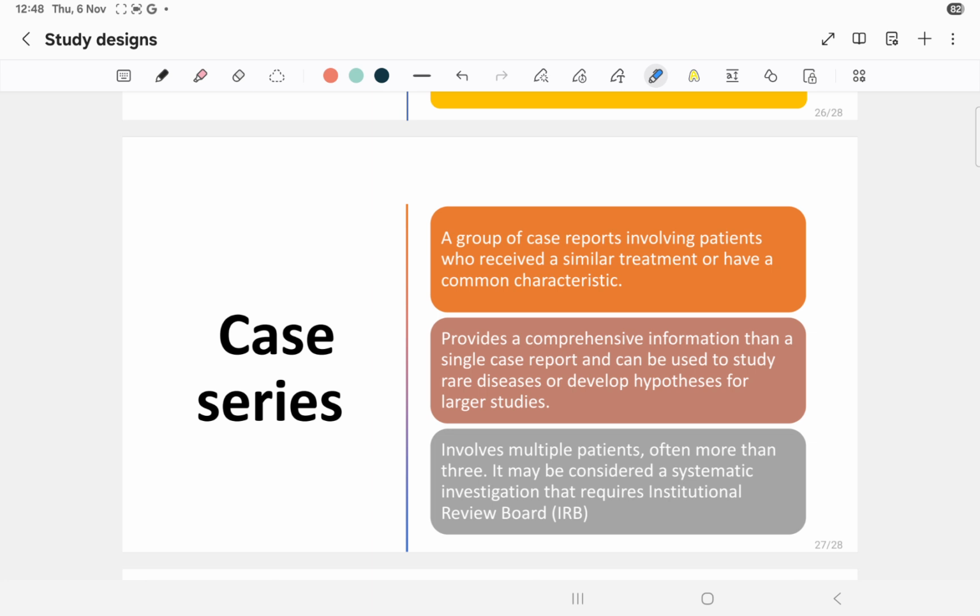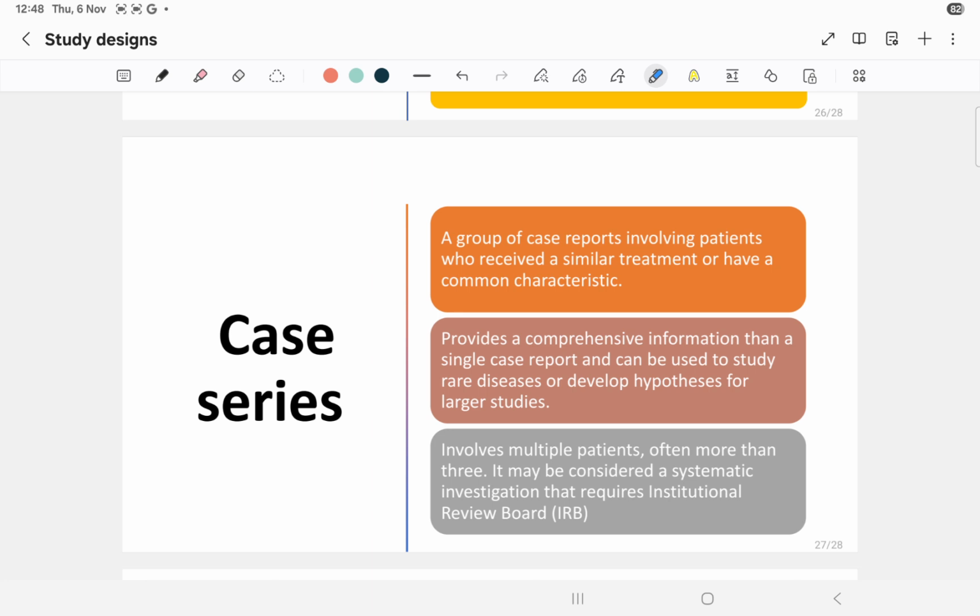Because case series involve multiple patients, we need to have an institutional review board. It is considered a systematic investigation. Okay. So because there are multiple patients, we need an institutional review board. So what is an institutional review board? It is a kind of committee associated with every hospital. Okay.